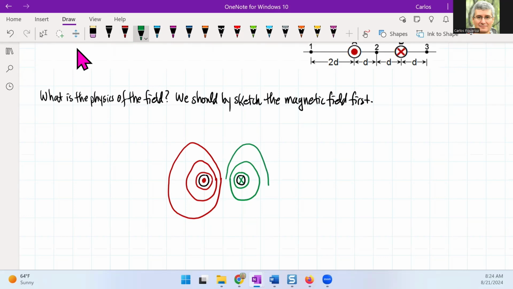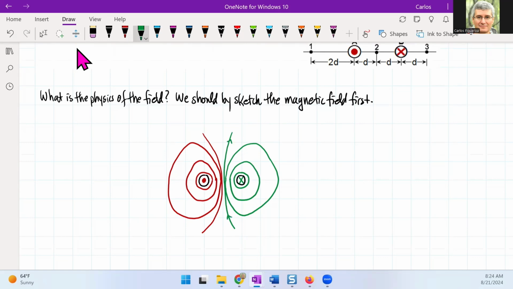So you're seeing the bunching of the field lines in between. And since the density is higher, that's telling us that we should have a stronger magnetic field there. So if I'm looking at my red, I'm squeezing right into here. In my green, I'm squeezing right into there. And you can see that the highest density of the field is in between.